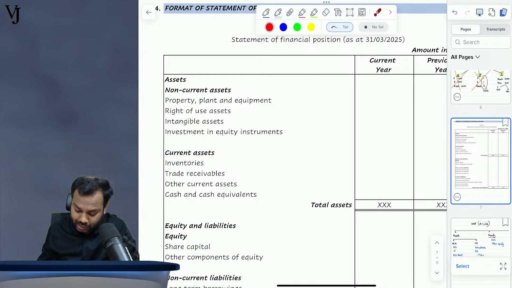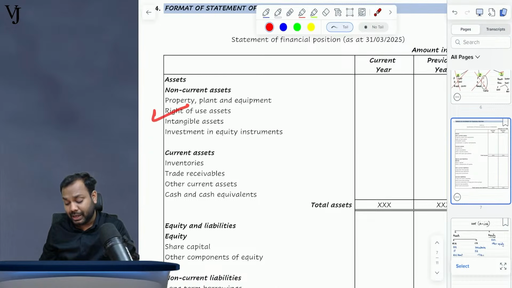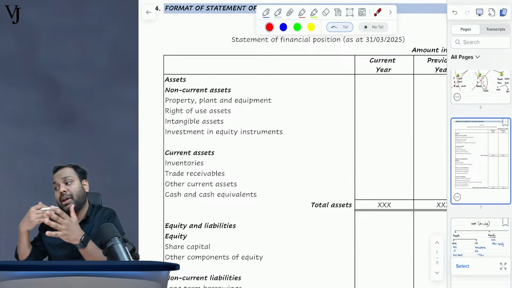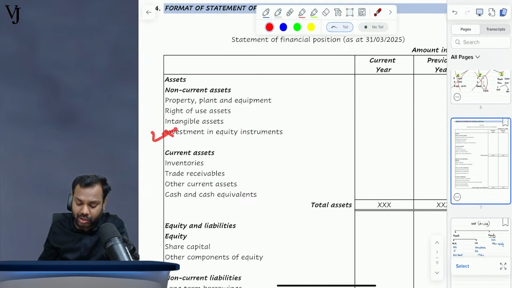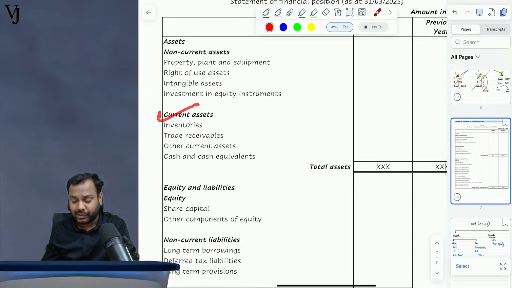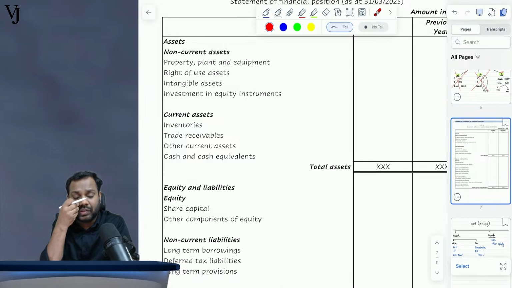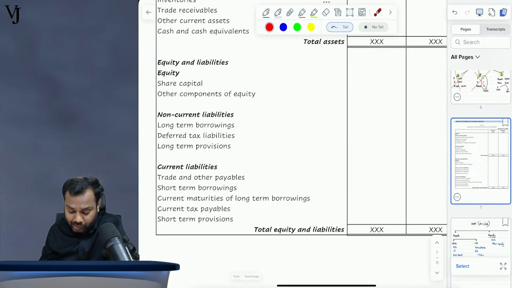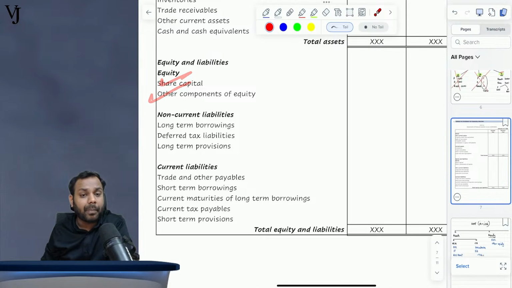Under non-current assets, we write property, plant, equipment, investment property, capital work in progress, investment property under development, right of use assets, intangible assets under development, financial assets, other non-current assets. Then comes current assets, which has inventories, then financial assets with trade receivables, cash and cash equivalents, then other current assets. Equity has two components: share capital and other components of equity.